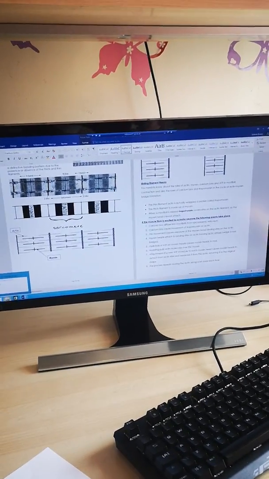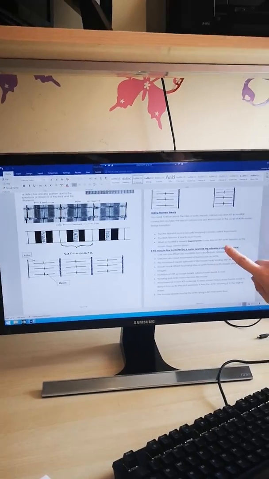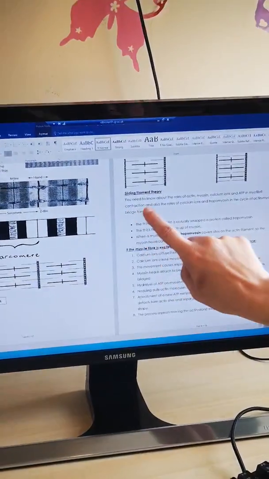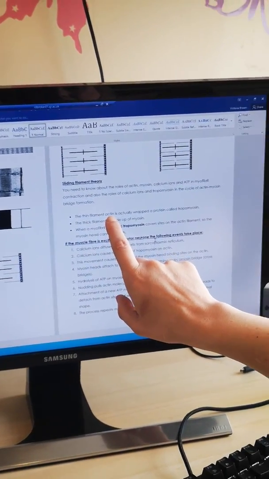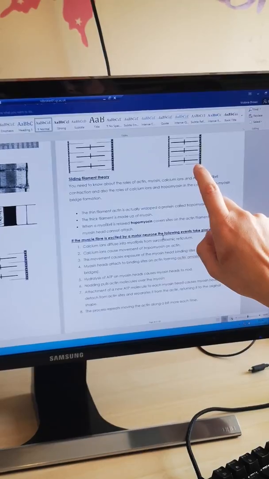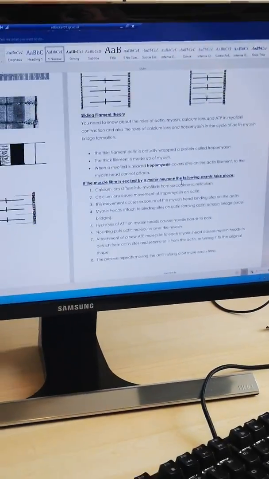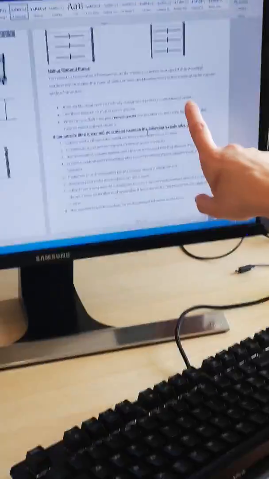So you need to be using this section of your notes, which is at the bottom of page 6, alongside what I talk about. I'm going to show you a picture with the arrangement that's described here. There is the thin filament, which is the actin, which is this bit here. That is actually wrapped, when you look at it much more closely, by a second protein called tropomyosin.